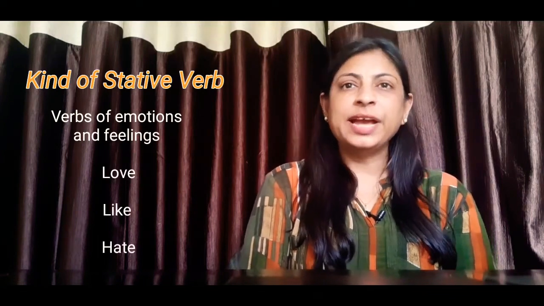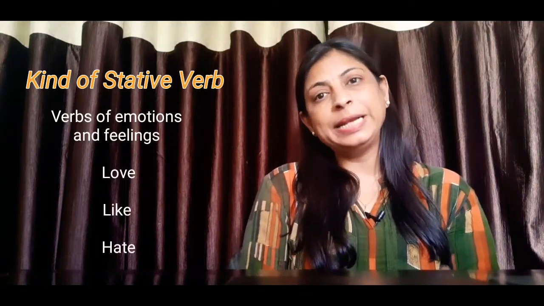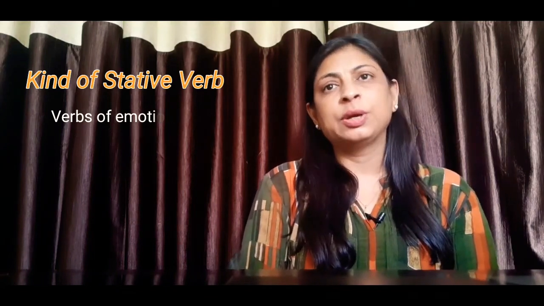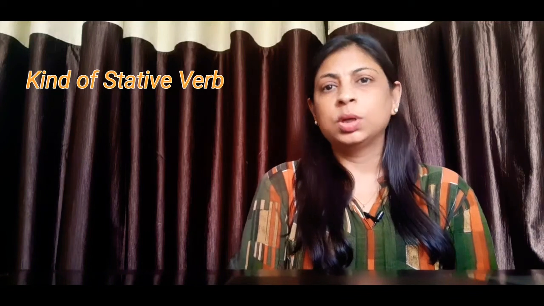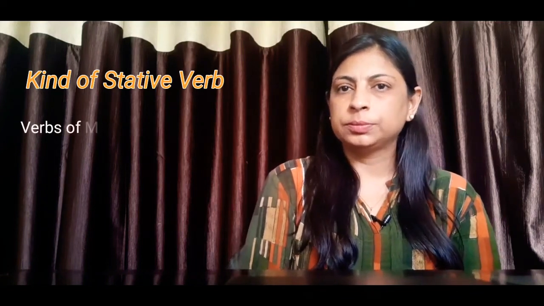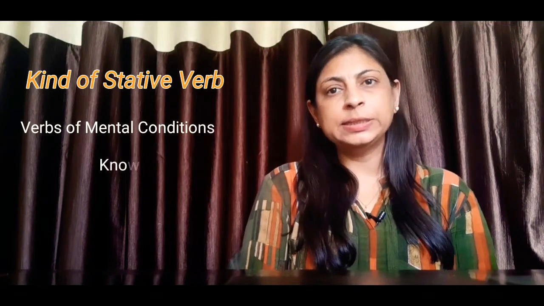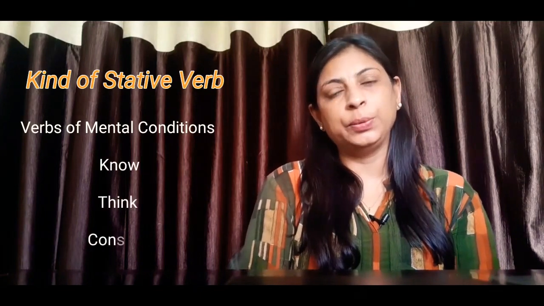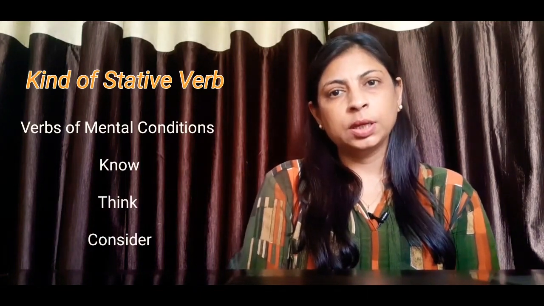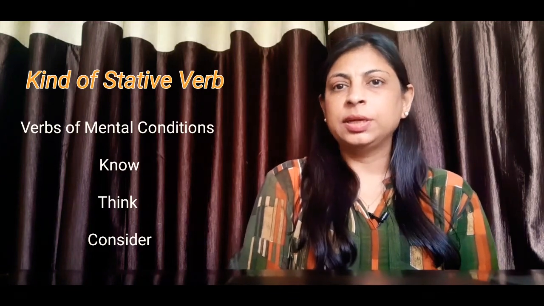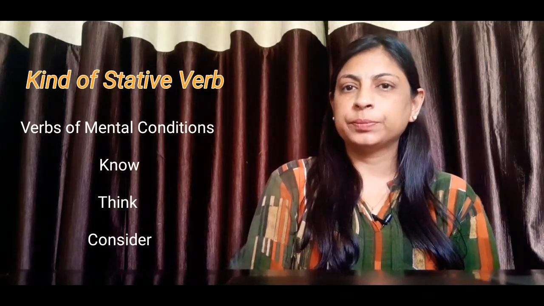Next one, verbs of mental conditions or mental ideas or activities. For example, know, think, suppose. I am knowing you. No, it is an incorrect sentence. I know you. I think he is a nice boy.